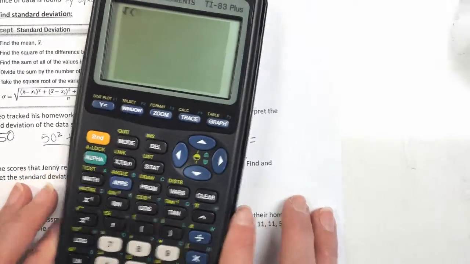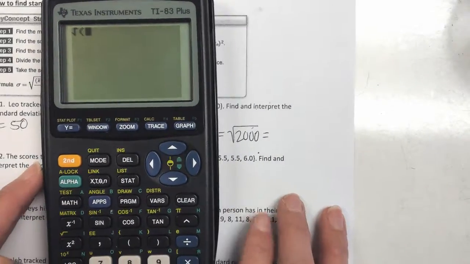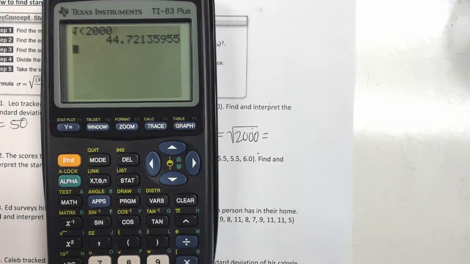So everybody got that part? And then type in 2,000, enter. And that's what you should get. So anybody who doesn't know how to type in the square root on their calculator, just raise your hand, I'll come show you.